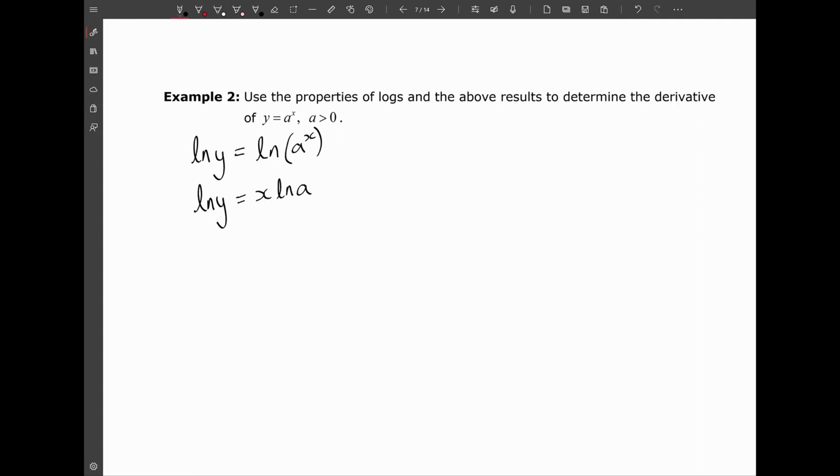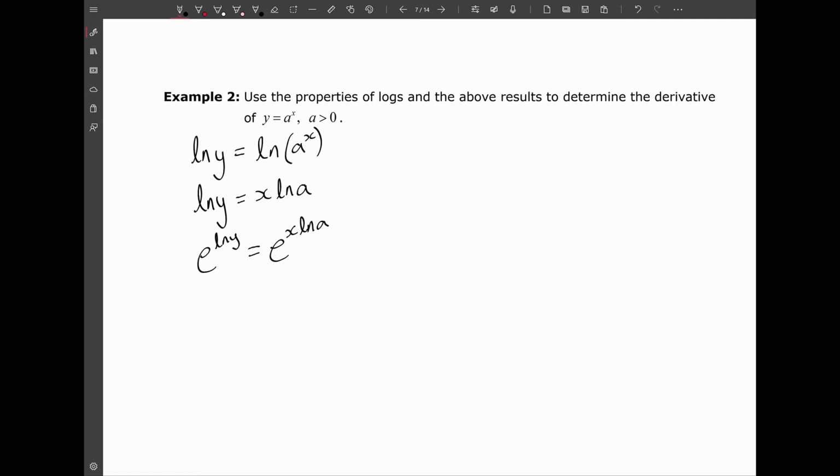Now, remember before, I mentioned that a neat trick we can do to get rid of natural logs is to raise everything to the power of e. So this is e to the power of natural log of y is equal to e to the power of x natural log of a. So I raise both sides as powers of e.